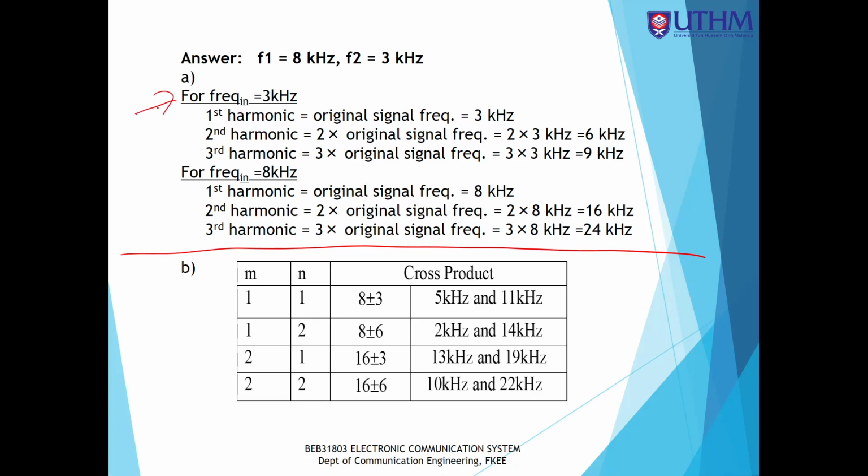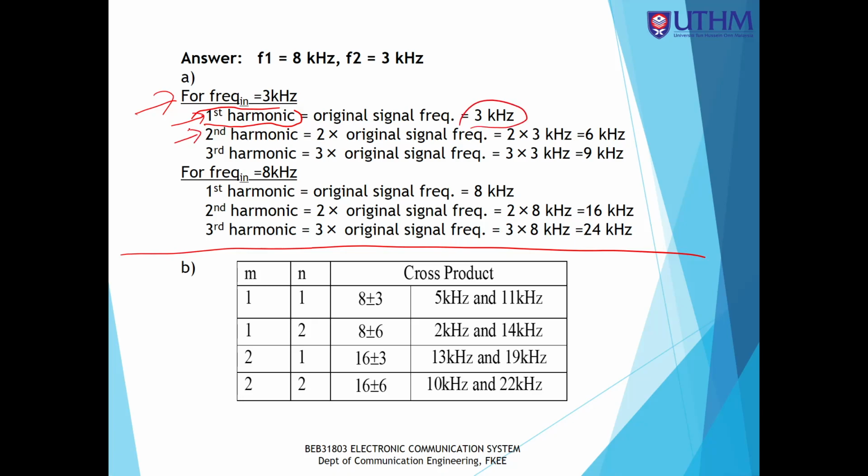For the first frequency, 3 kHz, the first harmonic is located at the original frequency. Normally we don't call this a harmonic. It is the fundamental frequency, which is 3 kHz.